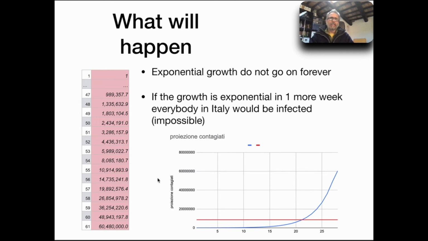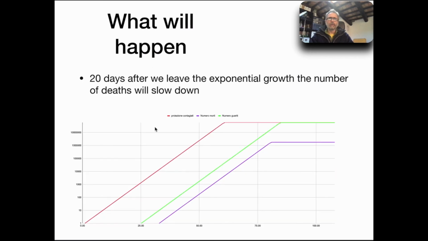But even when we get out of the exponential growth, we will not actually see it from our data, because our data is not the number of infected people, but the number of dead people. We used the number of dead people to calculate the number of infected people. So from the number of dead people, we go up and we see the number of infected people.